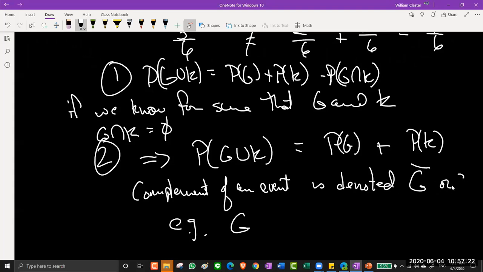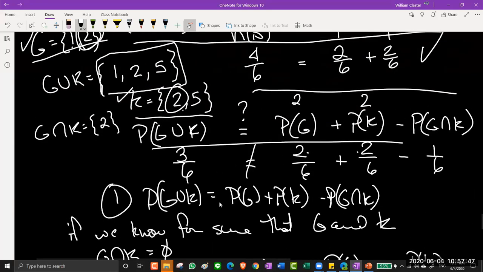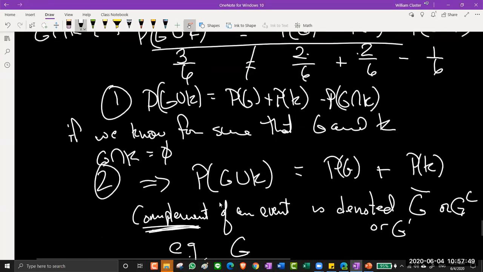We're going to talk about something called the complement of an event. We're going to denote it by either G with a bar on the top, G with a C, or G prime. Let's take our event G, which was 1 and 2, I think.